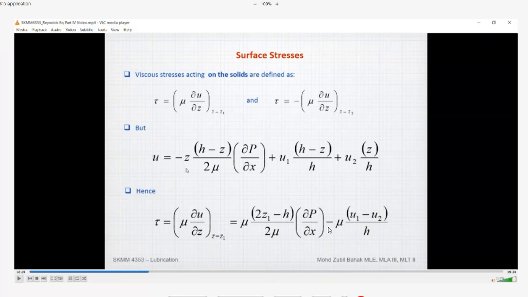You differentiate the u equation and put it back into this tau equation.